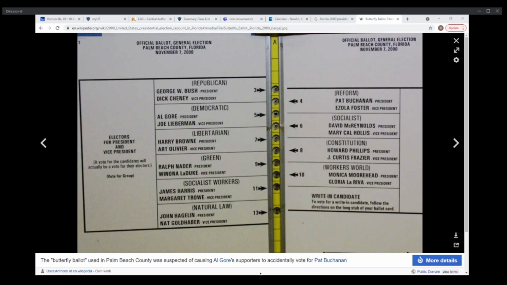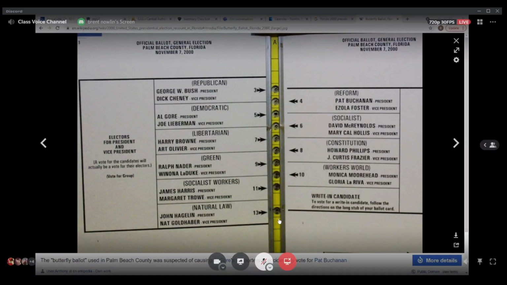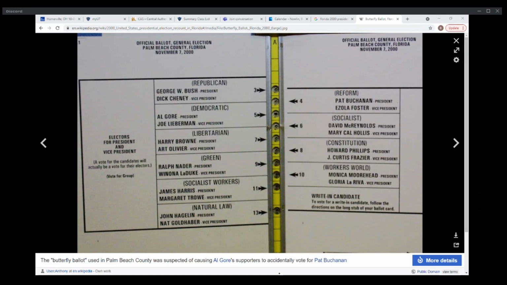Notice that Al Gore, the Democratic candidate, was candidate here. You would punch this hole out for Al Gore. Do you see that? If you wanted to vote for one of these other guys, and these guys get 1% or 2% of the vote maximum, all the guys that generally don't get too many votes, those are all these others.